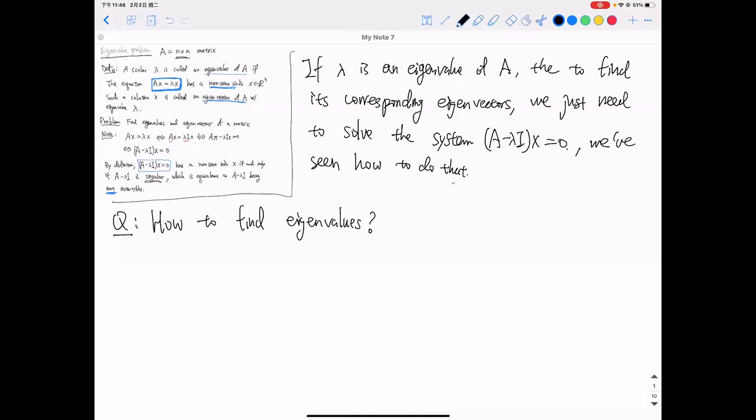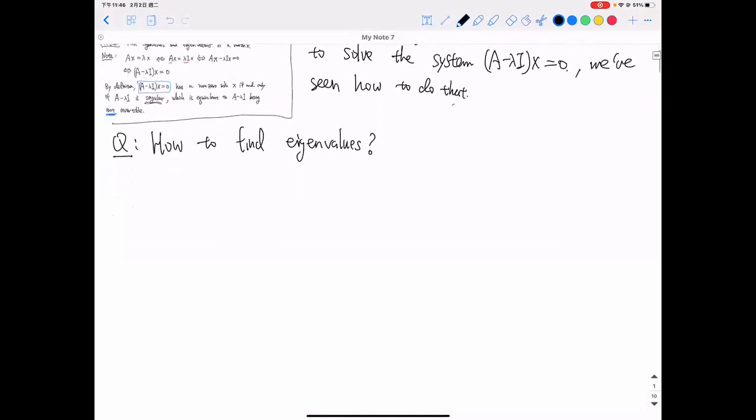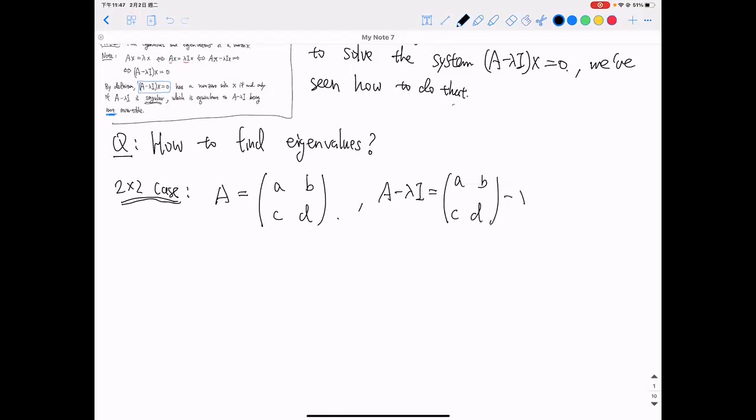So for this, we will for now consider the 2x2 case, where everything can be made very explicit. So suppose our matrix is A, B, C, D, like that. And I want to consider A minus lambda I, and that is going to be A, B, C, D minus lambda times 1, 0, 0, 1.